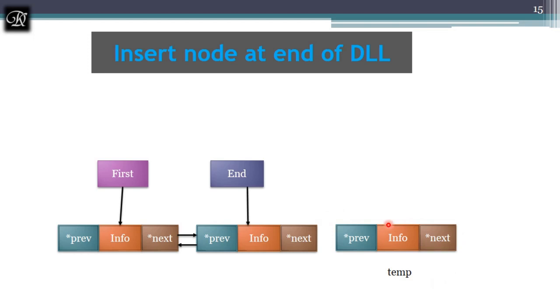For that, we take a new node and connect end's next with the new node, and the new node's previous with the end node, and call the brand new node the end. This is how we perform the insert at the end.